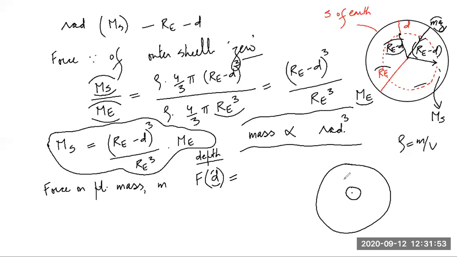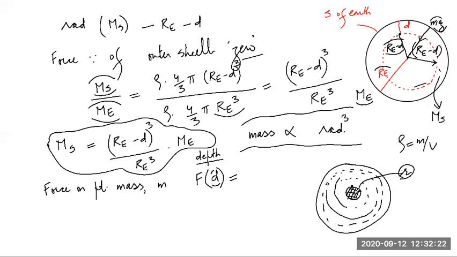Now all these shells of the Earth are not able to exercise any kind of force on this point mass P, which is here. So the force experienced by this point mass is all because of the mass of the Earth corresponding to the sphere of radius r.